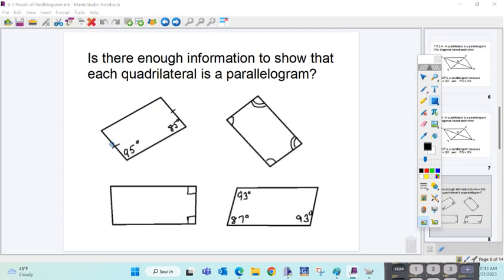It is also parallel. We know that they're parallel because what is the relationship between these two angles? They are, starts with an S. Supplementary, good. They add up to 180. That tells us we've got parallel. They're also congruent. So this one, we can say, yes, we have a parallelogram.